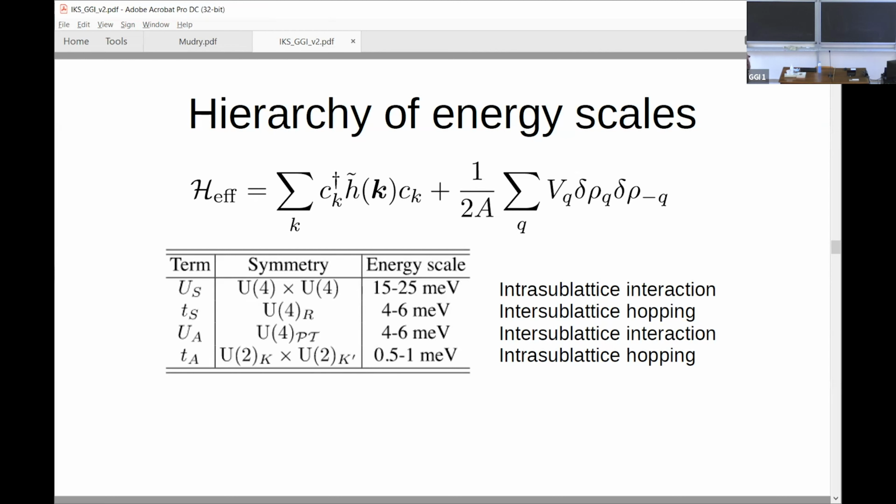So the name of the game is to find the ground states of this intra-sublattice interaction term, which we can find exactly, and then treat these two following perturbations in second order perturbation theory, and we're going to completely throw out the last term because you can see that it's an order of magnitude smaller than all the others.